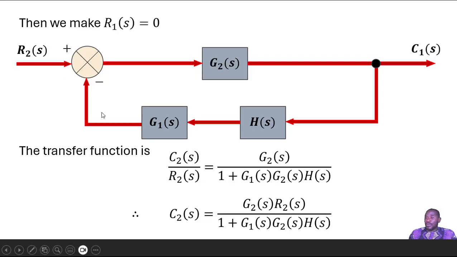Great. So here's what we have, right? So this comes in. Since R1 of S is 0, it makes no impact on this. So this will just flow that way. Okay. And that's what we have. So with this, we can now find the transfer function. I beg your pardon, this here should be C2, no longer C1.